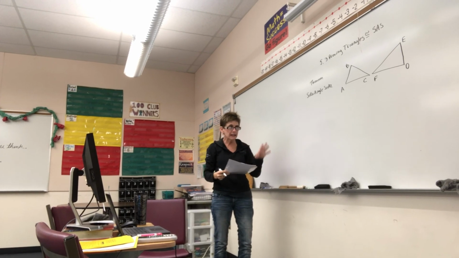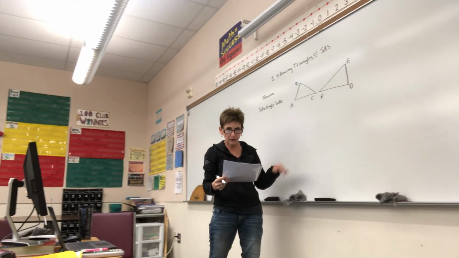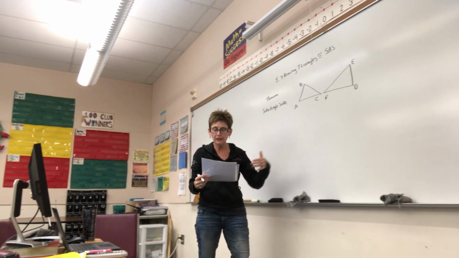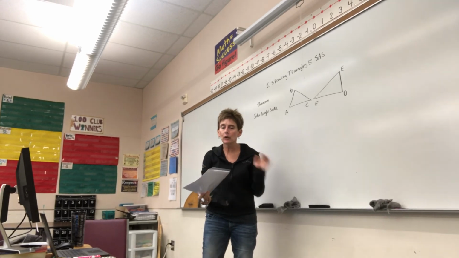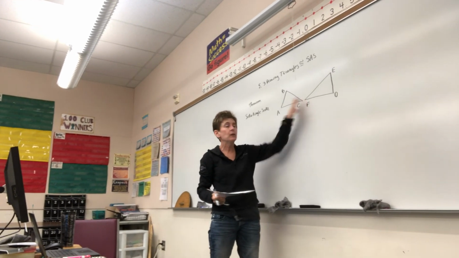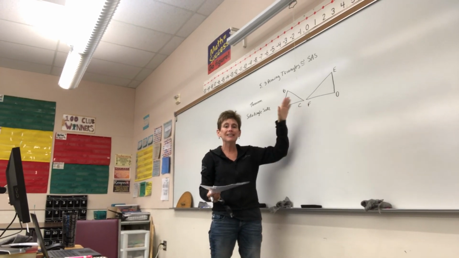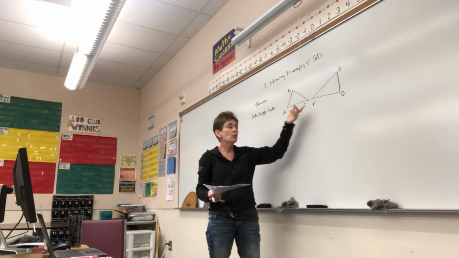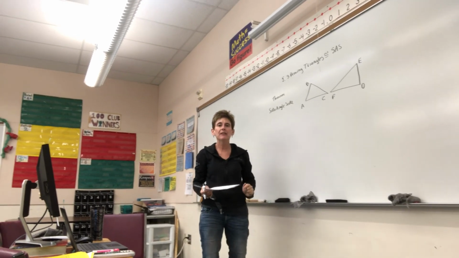Now I'm going to read out loud to you the definition. You don't need to write that down, but then we will mark up the triangle to demonstrate it. So this is basically a shortcut for us, because we know if I can show you that all three corresponding angles are the same size and all three corresponding sides are the same size, we know that the two triangles are congruent, but that's 6 different things we have to prove.